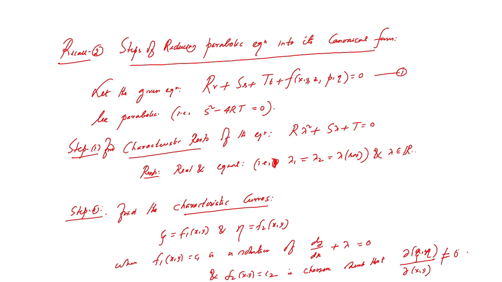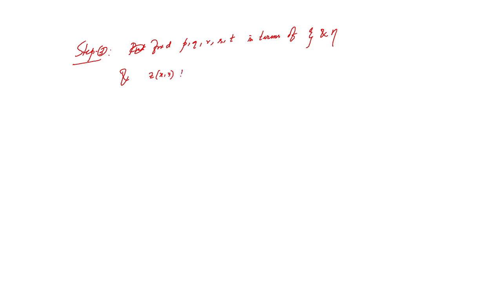What will be step 3? Step 3 is find p, q, r, s, t in terms of xi and eta, and you will take the substitution z(x, y) transformation to omega(xi, eta).